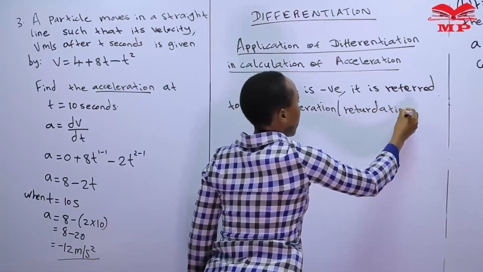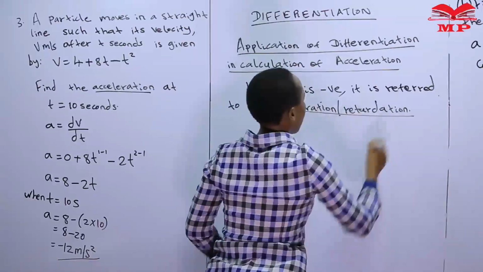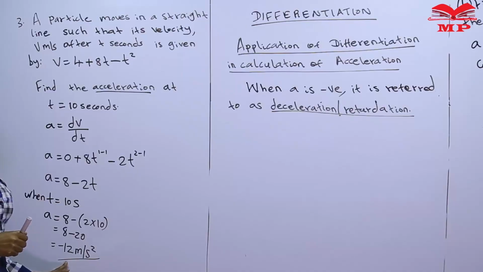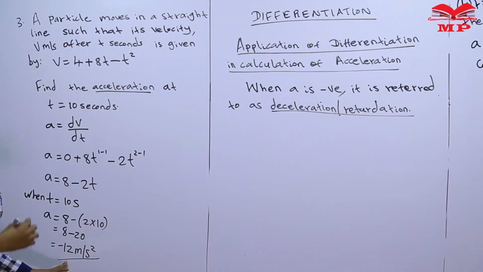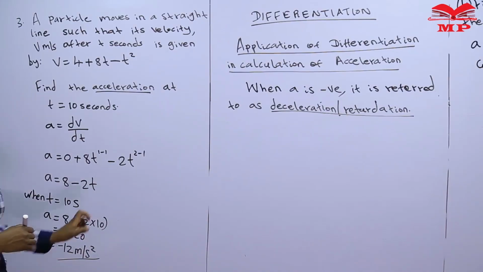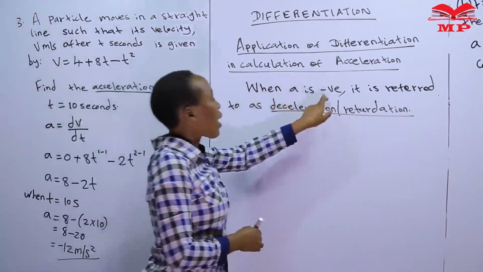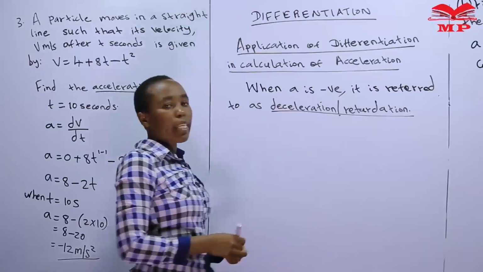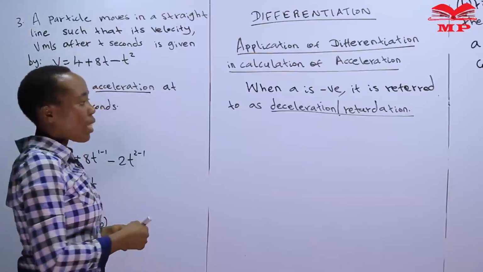When you calculate and find that the acceleration is negative, it simply means that this body is slowing down. Maybe it was moving at a velocity of 10, then it moves down to a velocity, for example, of 2 meters per second. Then the acceleration will be negative, and therefore it is referred to as deceleration or retardation.